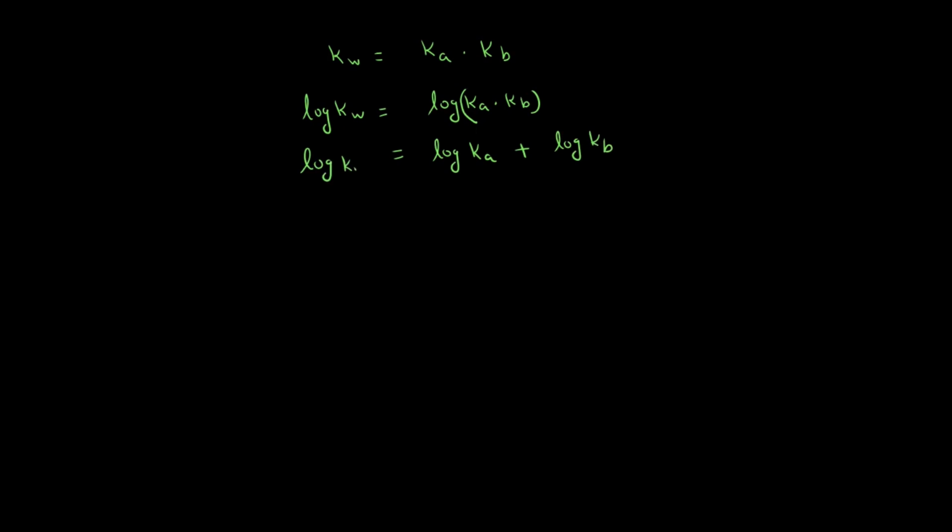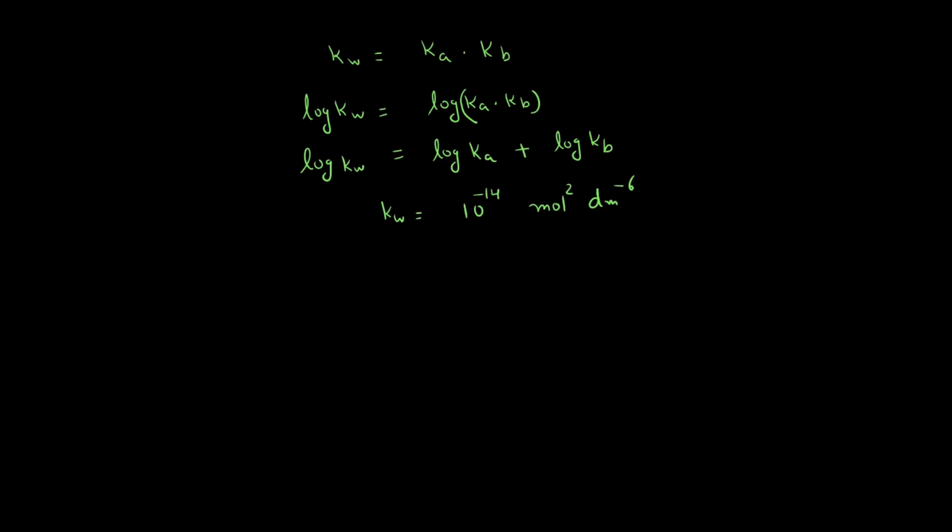Okay, so we saw that Kw equals Ka into Kb. If we take the log of both the sides, we will get log Kw equals log Ka into Kb, and we know that log A into B is log Ka plus log Kb, and this is equal to log of ionic product of water. We know that Kw is 10 to the power minus 14, mole square dm minus 6.